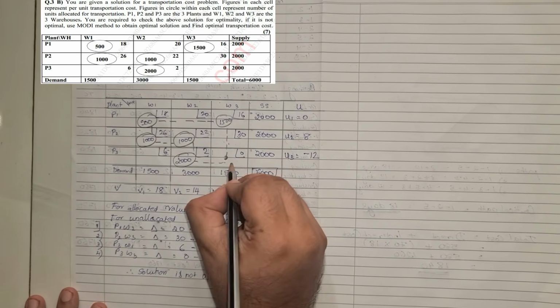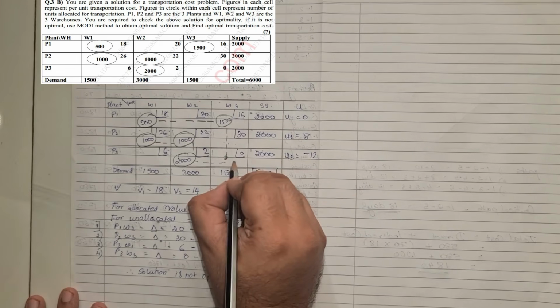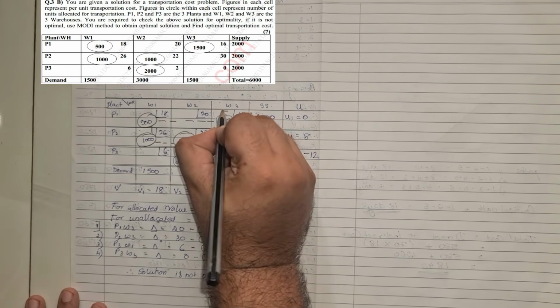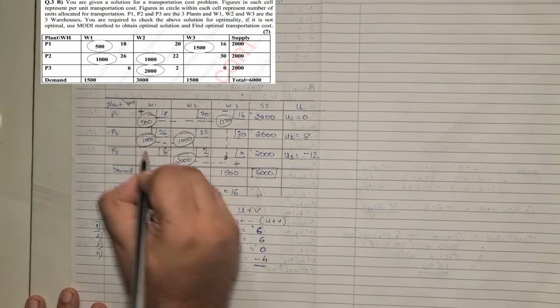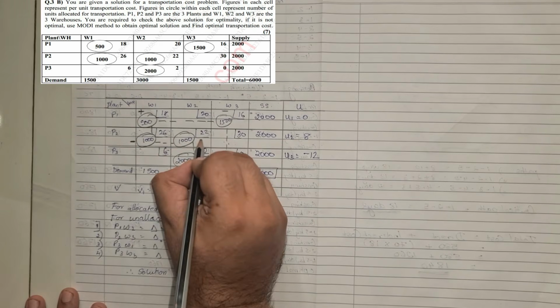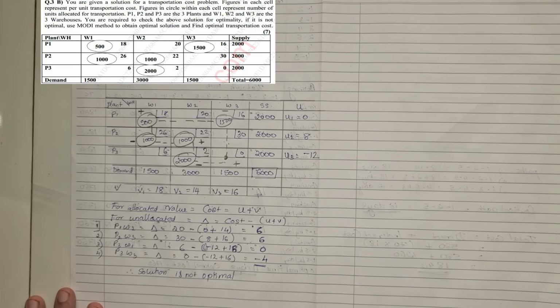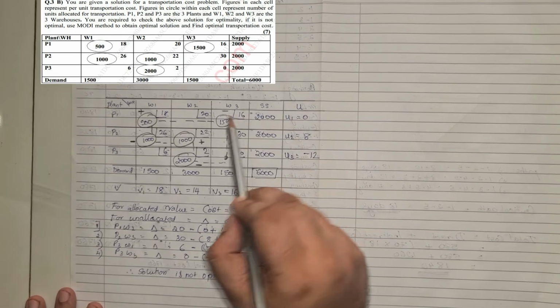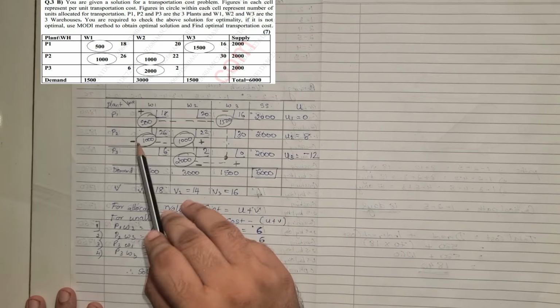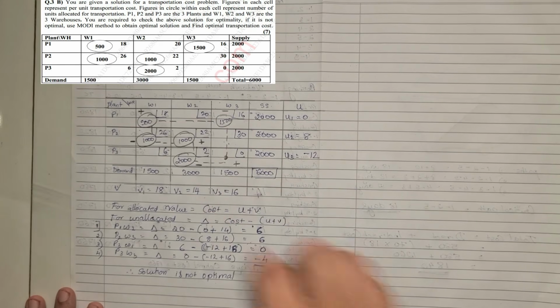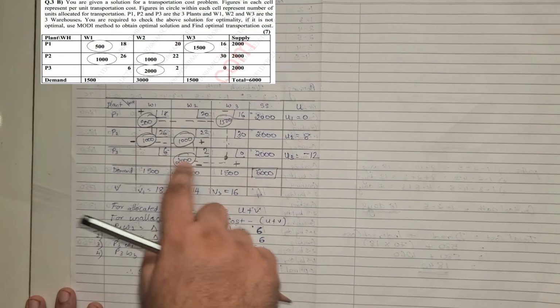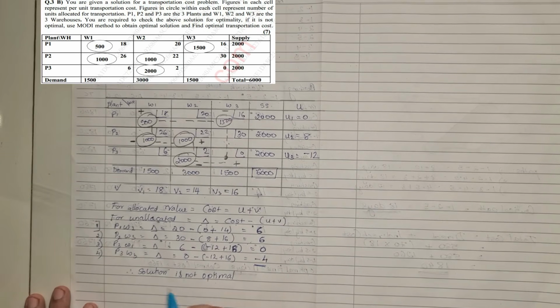Where you start, that point is plus, then minus, plus, minus, plus and minus. Wherever we have negative signs, we have 1500, 1000 and 2000. From the 3 negatives, the lowest value is 1000. So we'll write delta is equal to 1000.